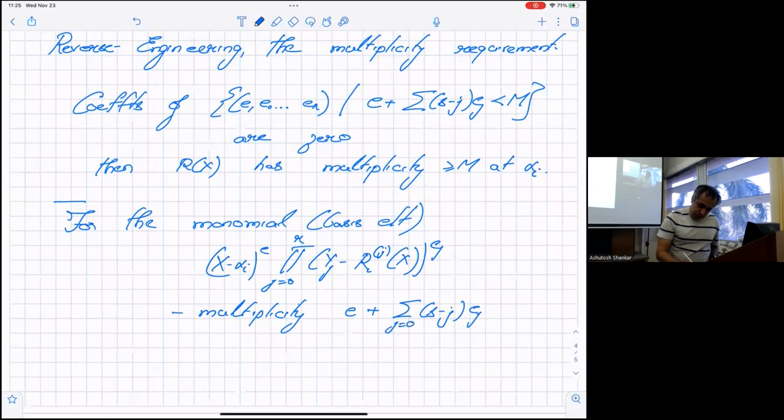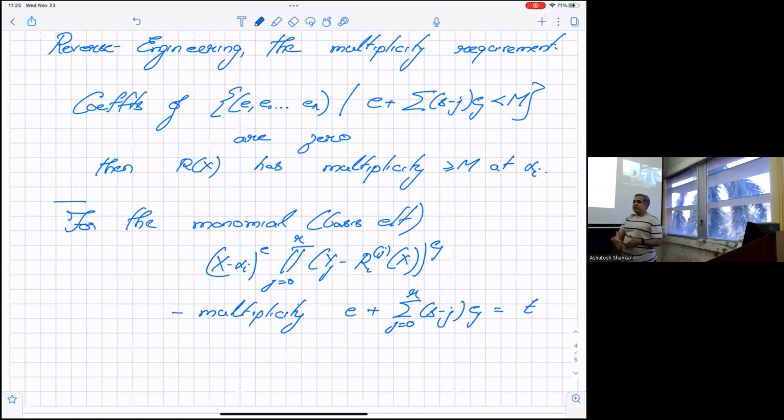If you plug it in at the data point, this monomial will be divisible. So suppose this number happened to be small t. Then this particular monomial for R(x) is divisible by x minus alpha_i to the power t.